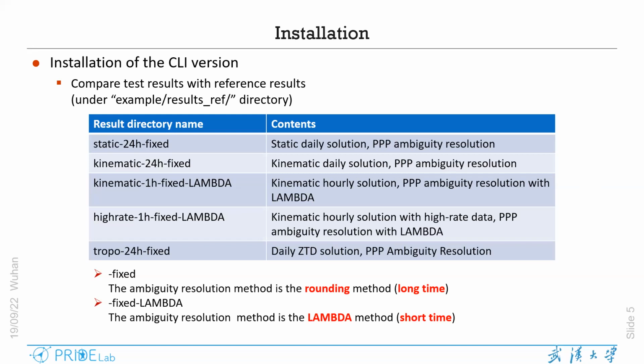So it is not necessary to use the lambda method when dealing with long-time data, but it will lead to low efficiency or even running failure. Long and short periods are divided in the CLI software with a threshold of 6 hours.